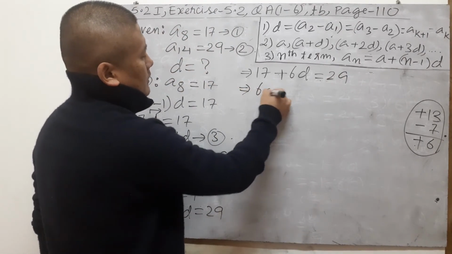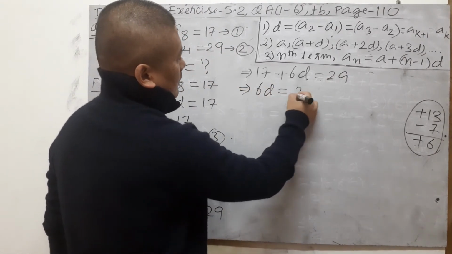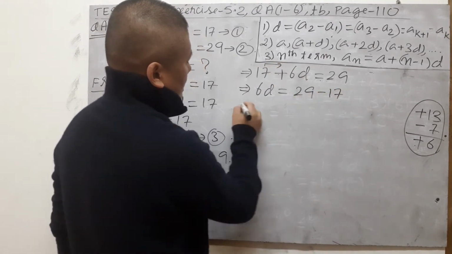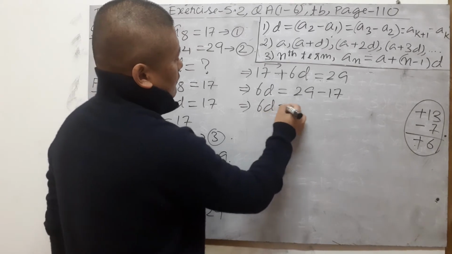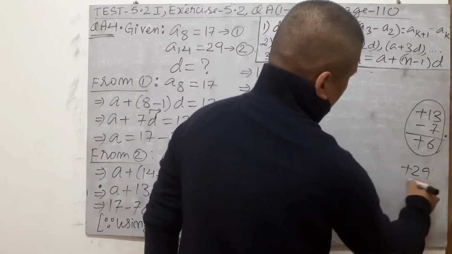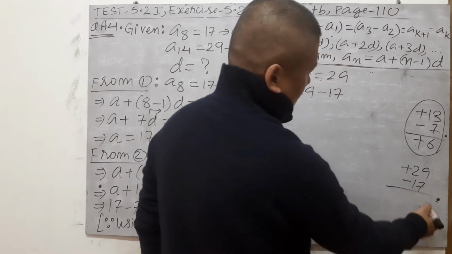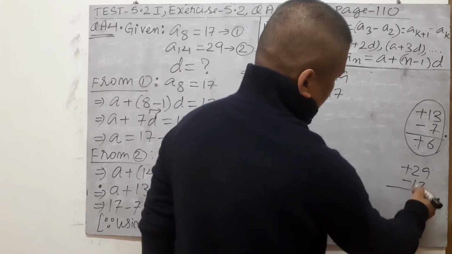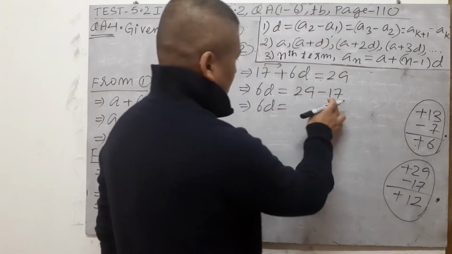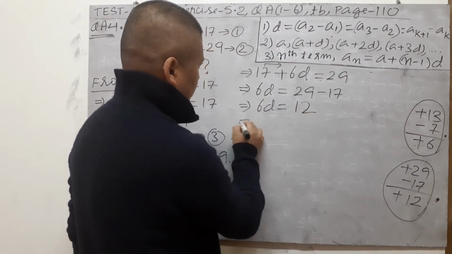Then that gives you 6d is equal to 29, and shift this plus 17 to right side, then it becomes minus 17. So 6d will be 29 minus 17, which is plus 12.